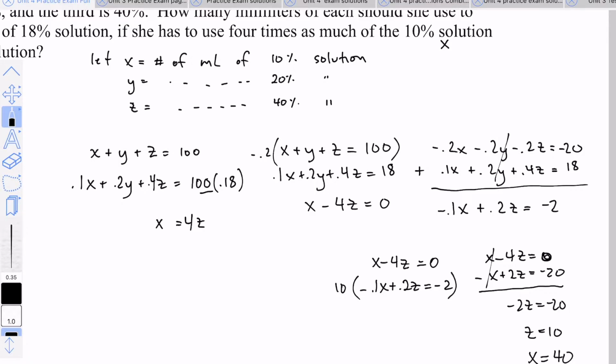So our answer is going to be 40 milliliters of 10%, 50 milliliters of the 20%, and 10 milliliters of the 40%.